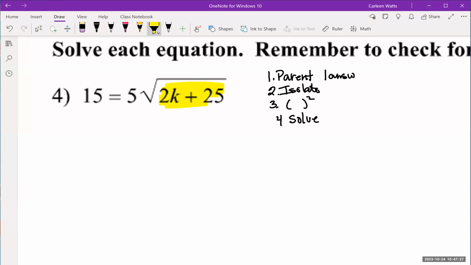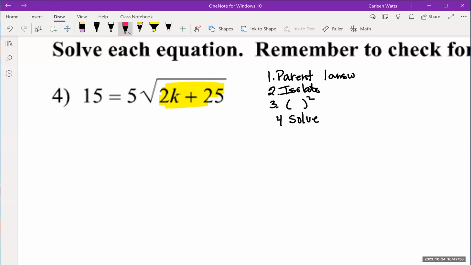So what number can I get rid of to isolate the square root? Correct. Zoomers, what number am I getting rid of first? Now, not the 15, because the 15 is on the correct side. Try another one. I'm isolating the square root. The 15 is already on the left-hand side.